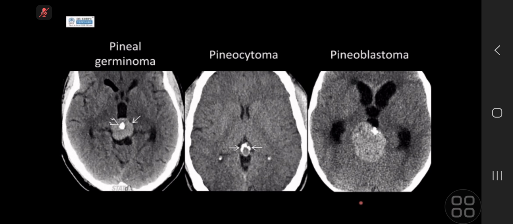Pineocytoma is the more benign category of pineal tumors, and this is an exploded calcification appearance. You can see it in the middle, so it's kind of more circumferential. While in pineoblastoma, it's peripheral and quite focal. In terms of how it looks, it's quite similar to germinoma, but the location of the calcification is the key differentiating factor.